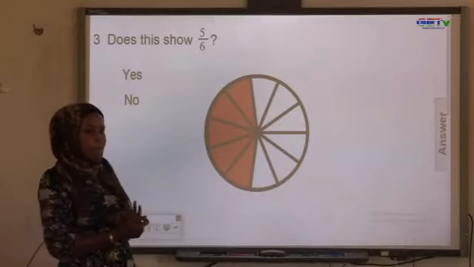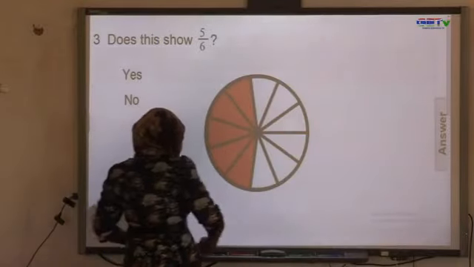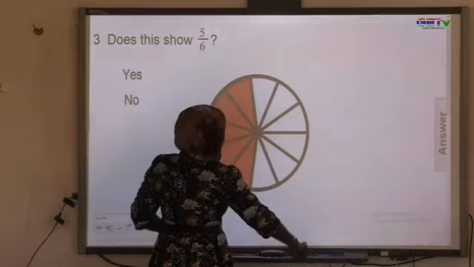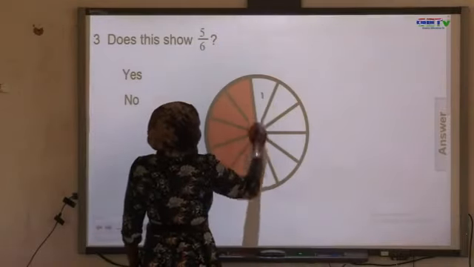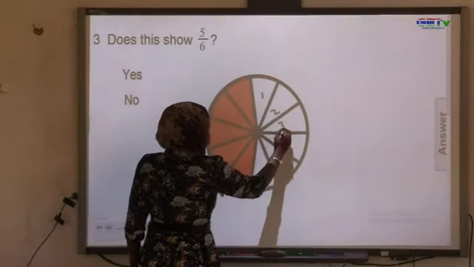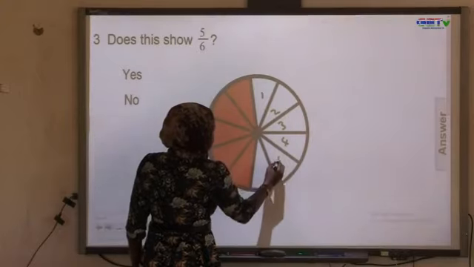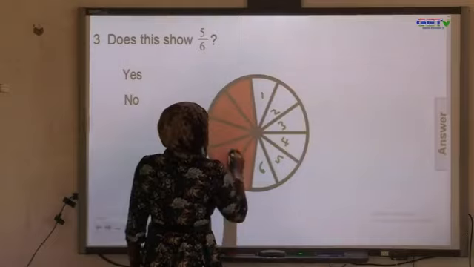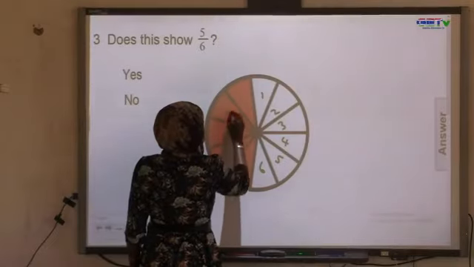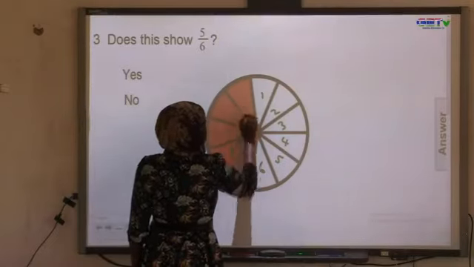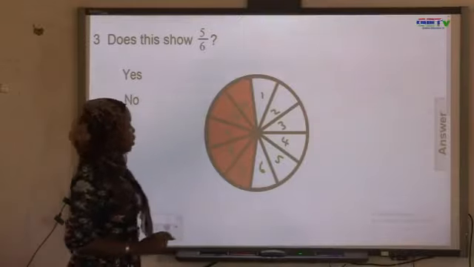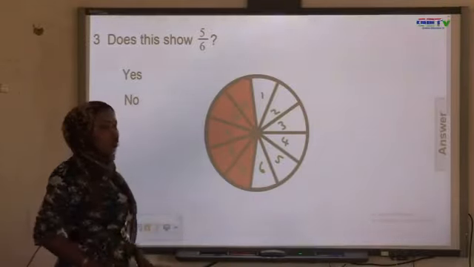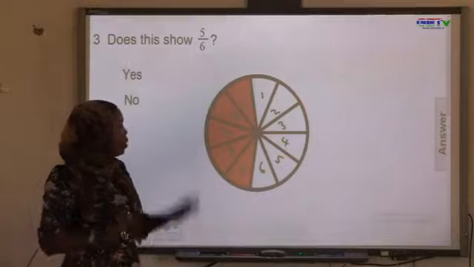Can we confirm? Let's count. 1, 2, 3, 4, 5, 6, 7, 8, 9, 10, 11. The chart is divided into 11 equal parts.